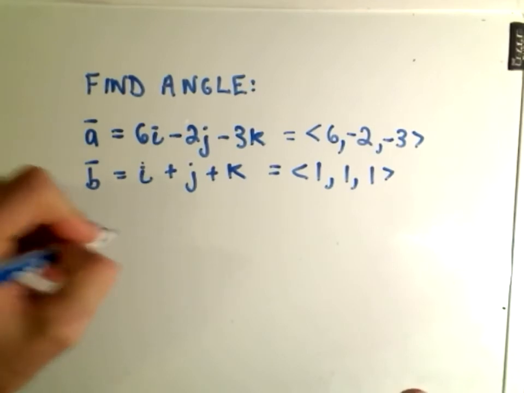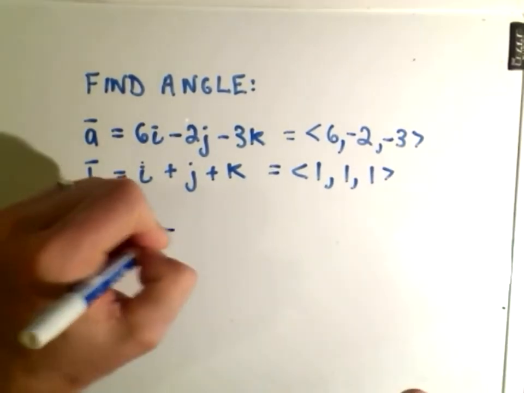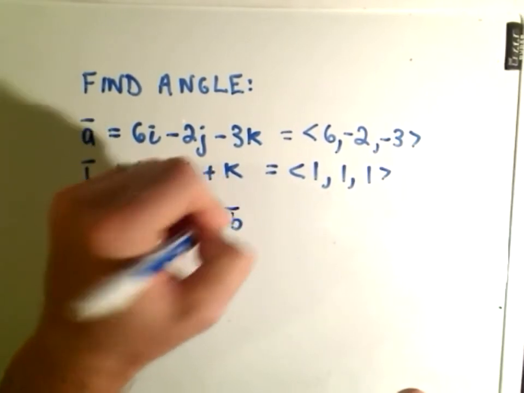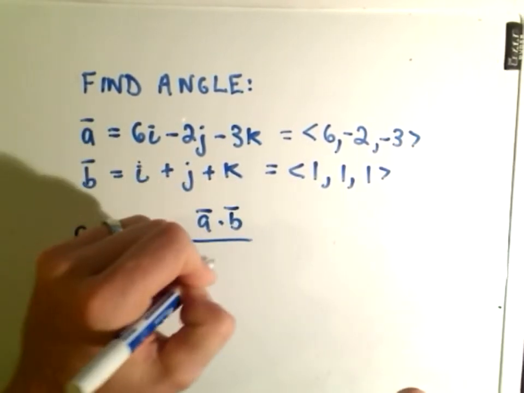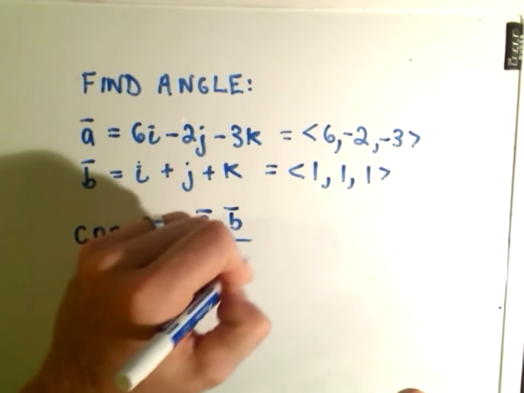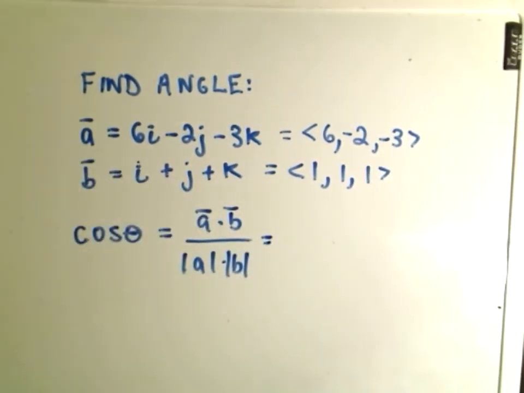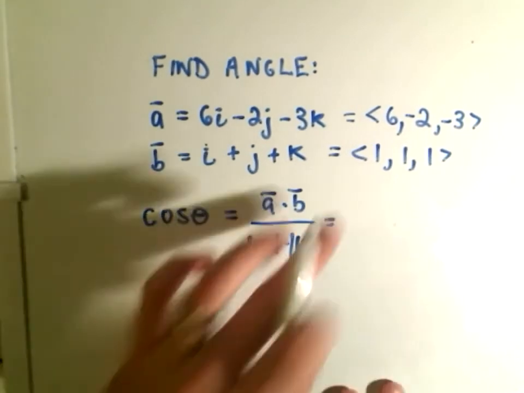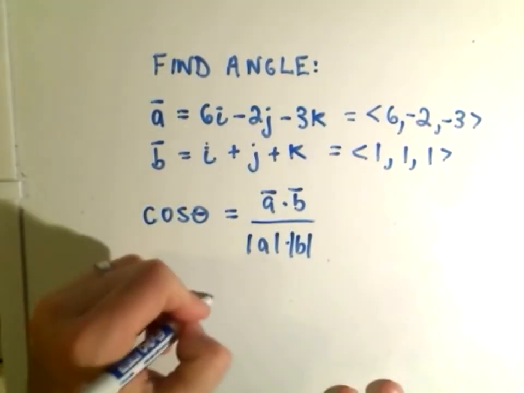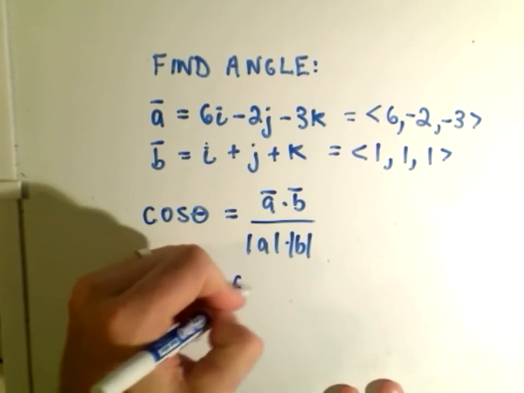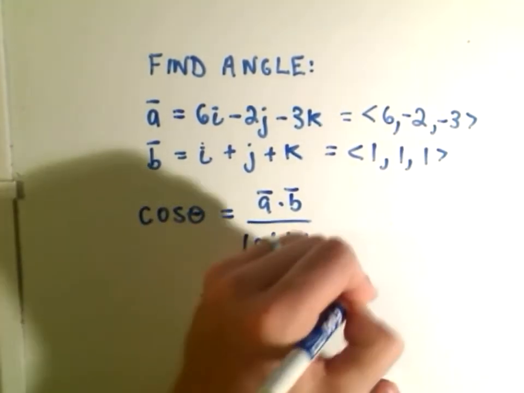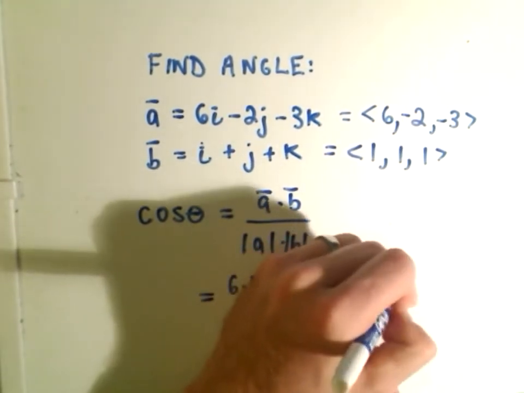So the angle, cosine theta, is going to be equal to the dot product A dot B divided by the magnitude of A times the magnitude of B. Well, I talked about in a different video how to find the magnitude. So let's take the dot product. We'll have to take 6 times 1 plus -2 times 1 plus -3 times 1.